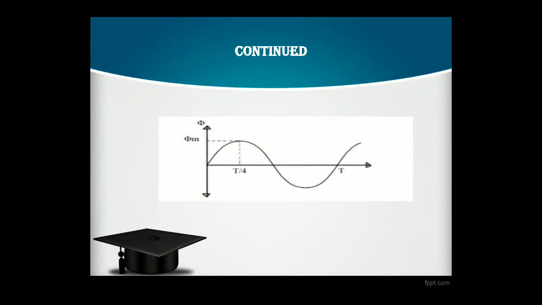Now you can see here a sinusoidal wave, that means the flux which is produced in the magnetic core.